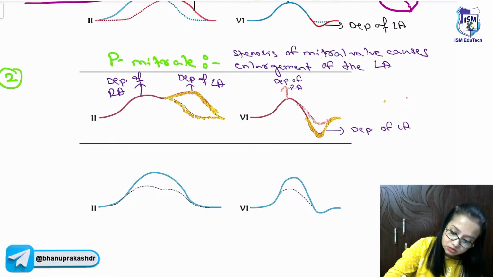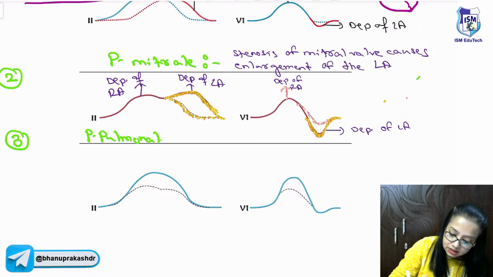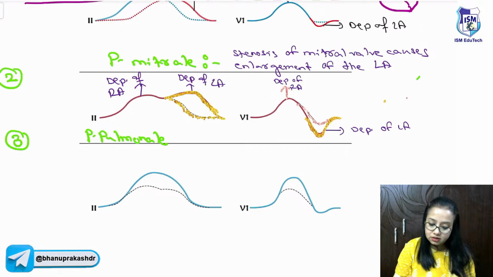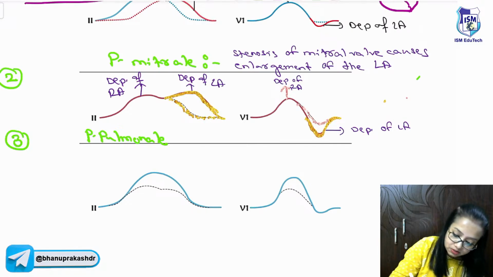The third situation, the third condition, is P pulmonale. So what is this P pulmonale? Please remember here, this one.